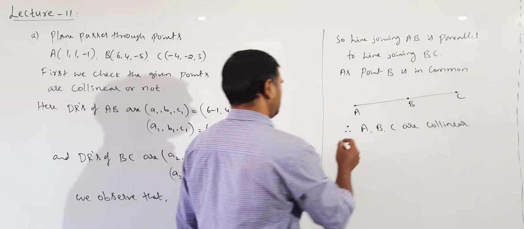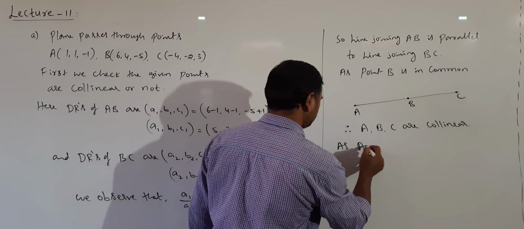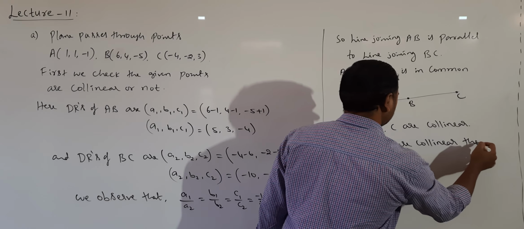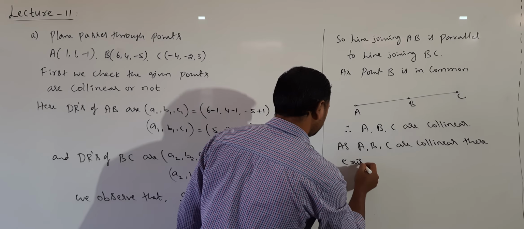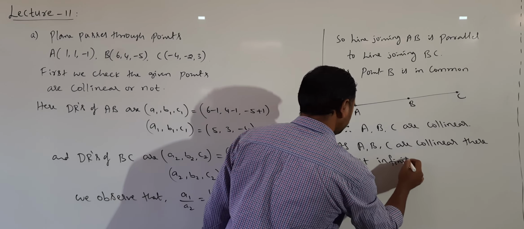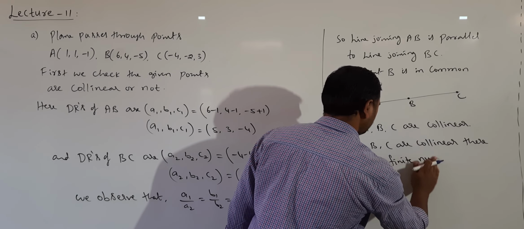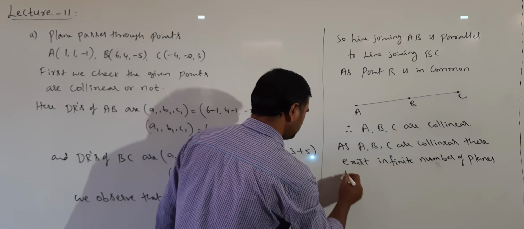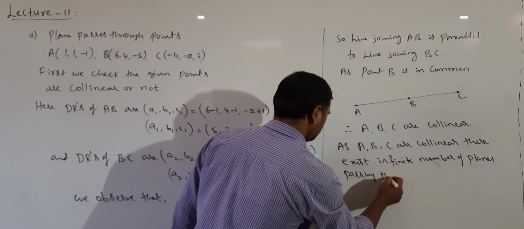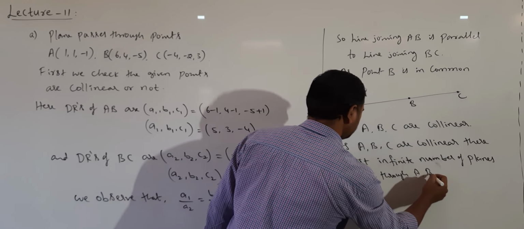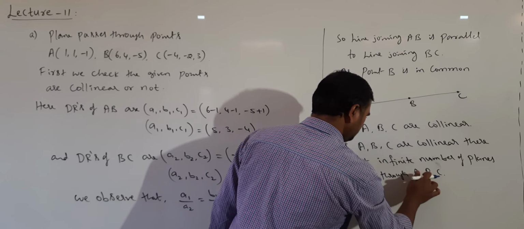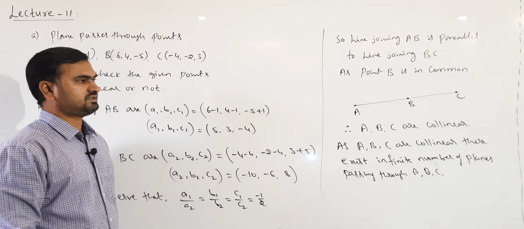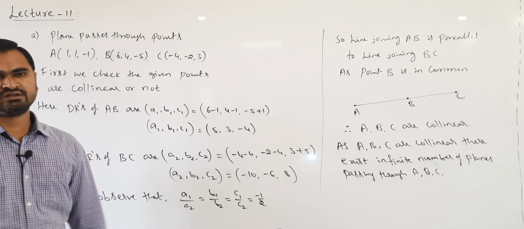So simply we write, as the points are collinear, there exist an infinite number of planes passing through A, B, C. There exist an infinite number of planes passing through these 3 given points. Okay, so this is what we write.